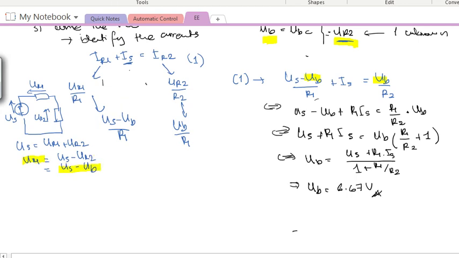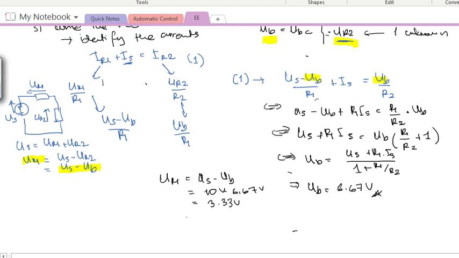So this is easy to solve. Once you know what UB is, you can find UR1, which is US minus UB. So we had US equals 10 volts minus UB 6.67 volts. So UR1 equals 3.33 volts.